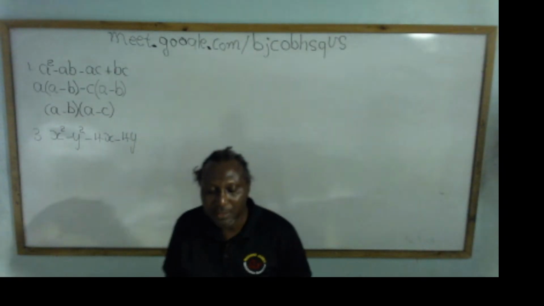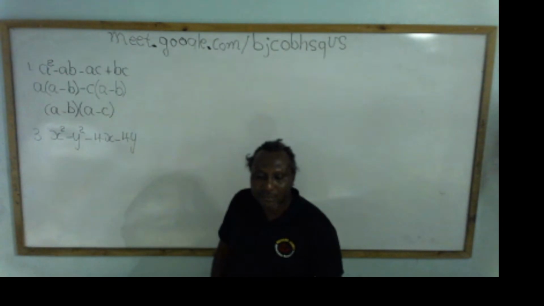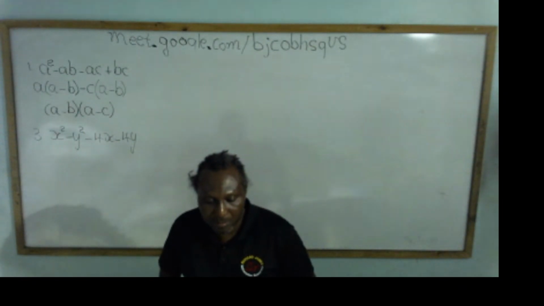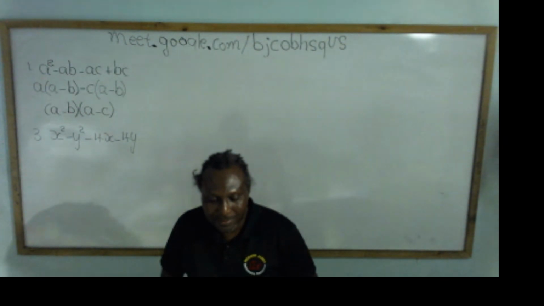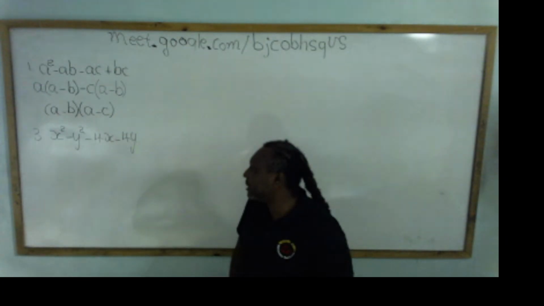Okay, so yes, what do you see? If you see something that you can factorize, what is it that you see that you can factorize? Let me know what it is. X and Y can be factorized. What do you mean by X and Y can factorize?